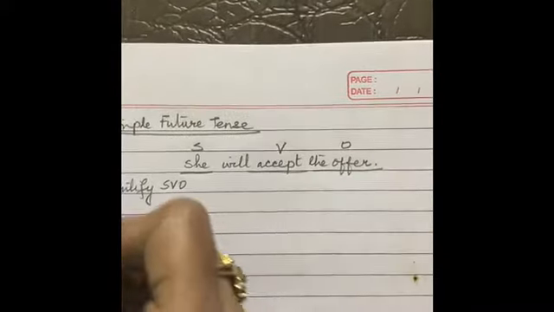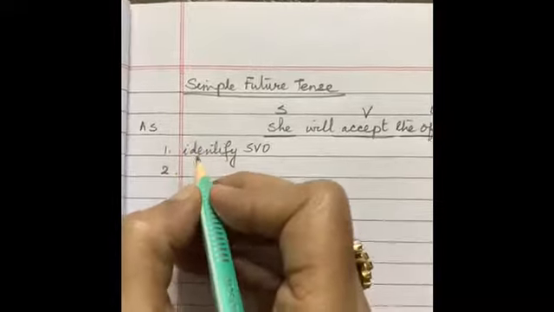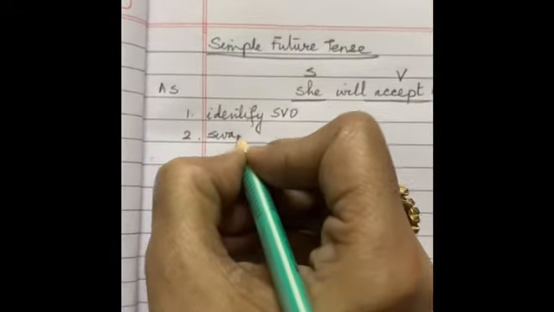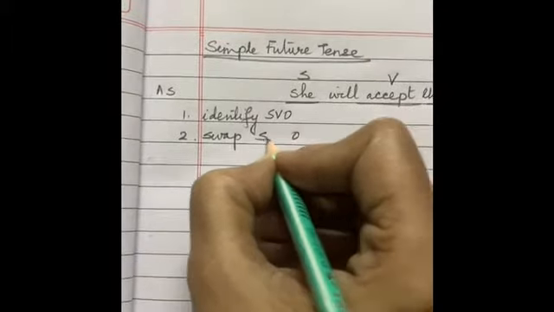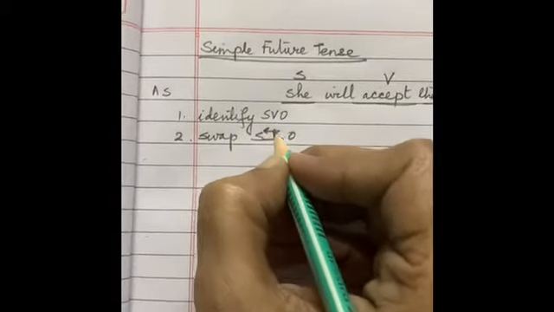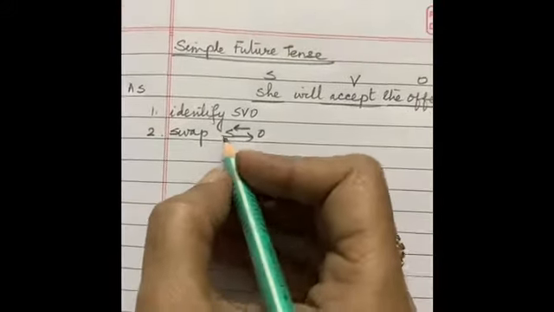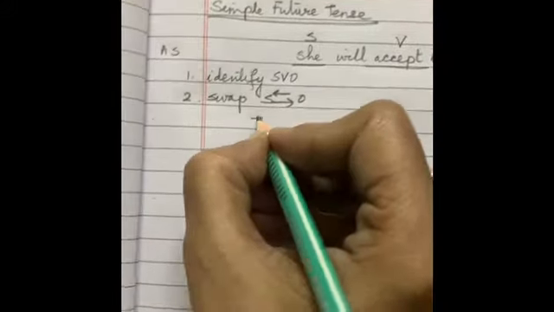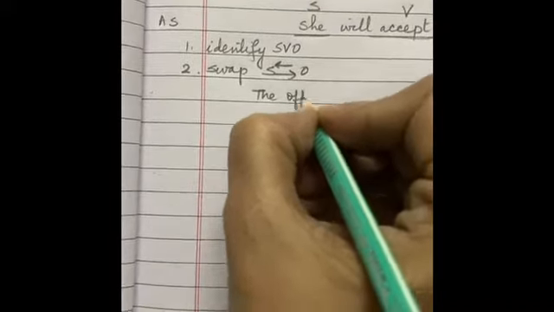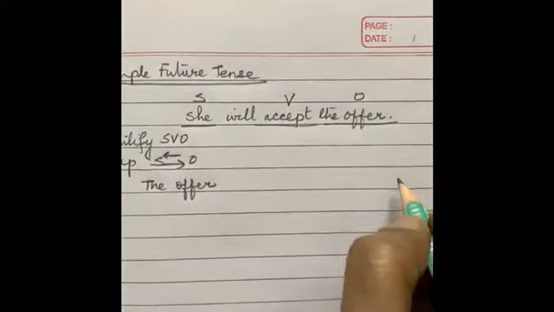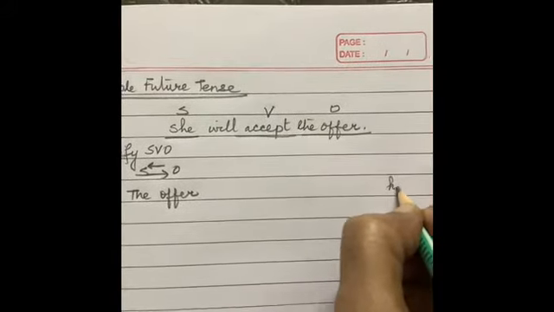Fine. Now step 2, let's swap the position of the subject and the object. Clear? At this position here it will be the offer, and her will be positioned here.